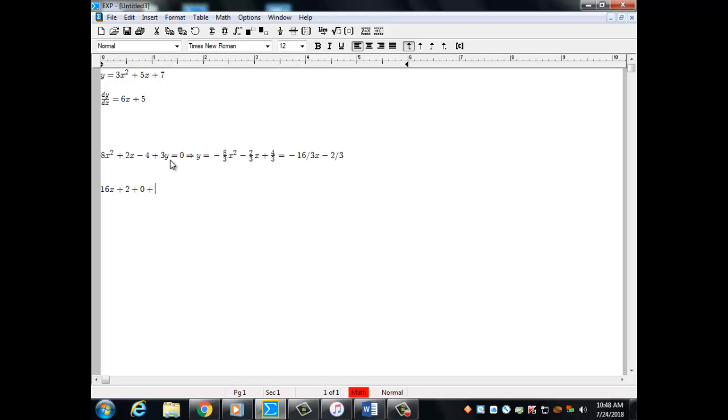Now, this is where it starts getting difficult. Because when you take the derivative of 3y, if that were 3x, you would just call it 3. Does that make sense? But it's not 3x, it's 3y. So we're going to almost pretend like we're taking it with respect to x.